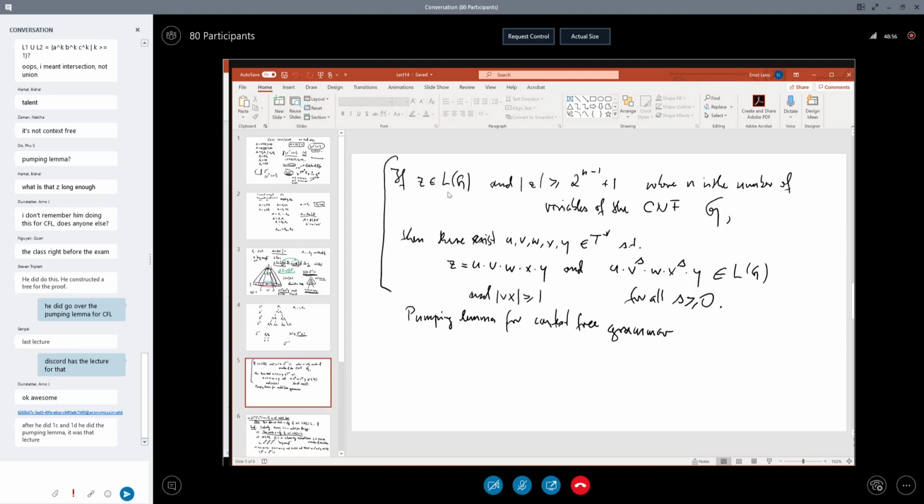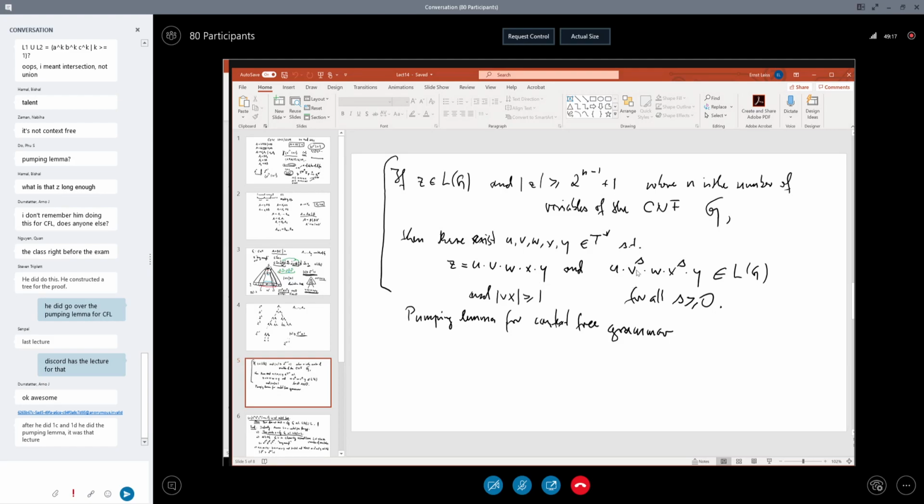If Z is a word in that language and Z is long enough, N is the number of variables of the Chomsky normal form grammar, then there exist U, V, W, X, Y in T star, terminals, such that Z is the concatenation of those five things.